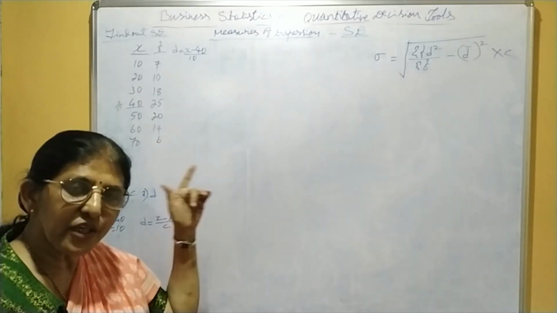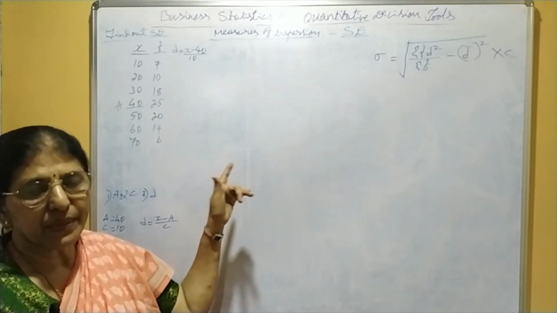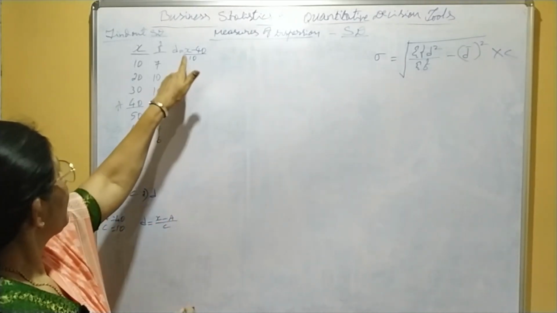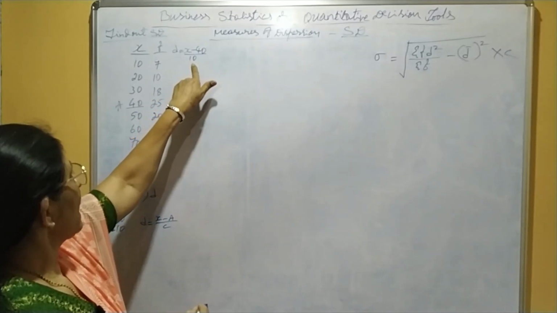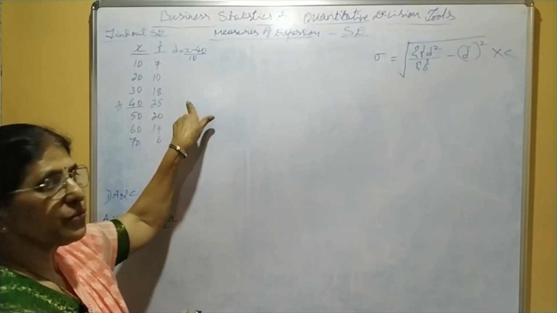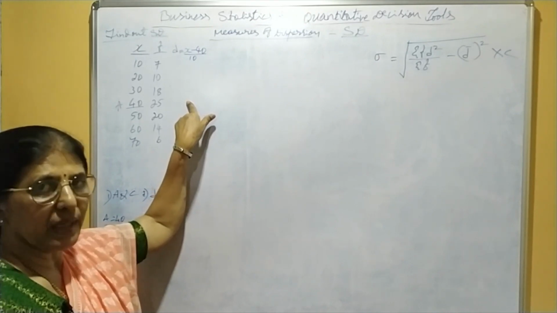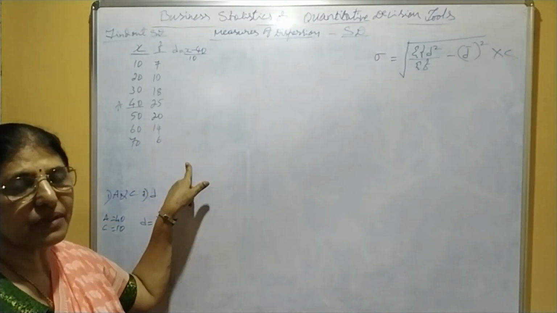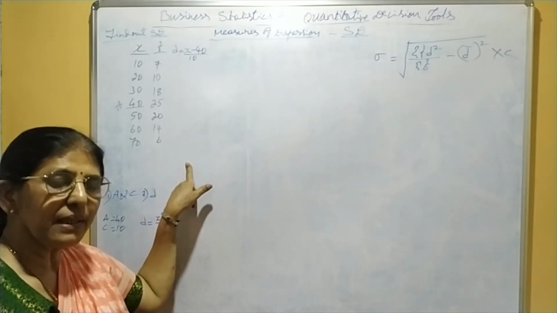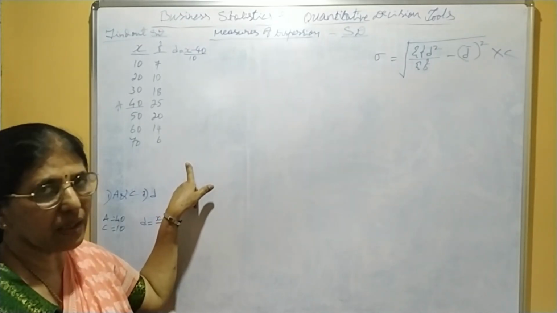Then I have already told you in arithmetic mean, even if you apply this formula and calculate, corresponding to assumed mean we get 0, above that 1, 2, 3 with a minus sign, below that 1, 2, 3 with plus sign when the variables are given in ascending order.